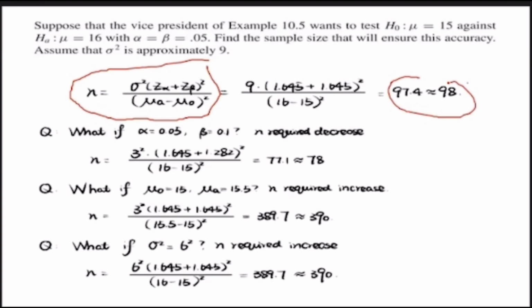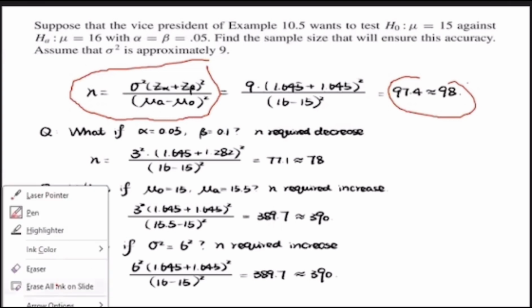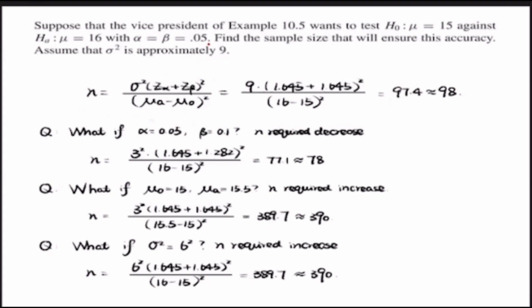Now, we can ask some questions. What if we use different values for type 1 and type 2 error? We now want to see the effect. Initially, alpha equals 0.05, beta equals 0.05. If we want alpha to still be 0.05, but we increase beta, what effect is it going to have on the sample size?